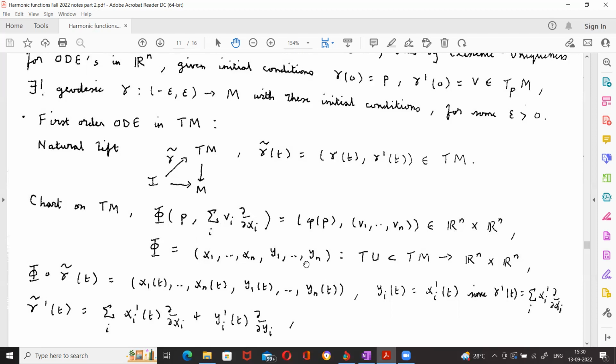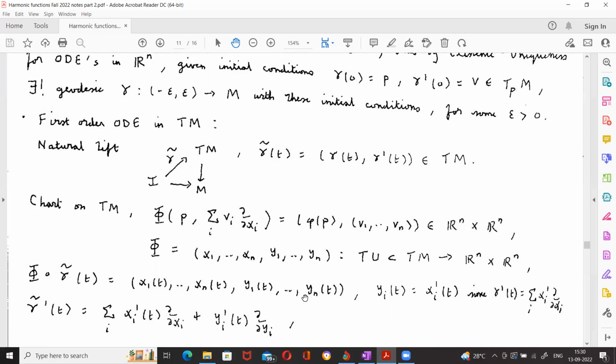Looking at the natural lift gamma tilde in the chart, it is given by 2n functions, x1(t) to xn(t) and y1(t) to yn(t).